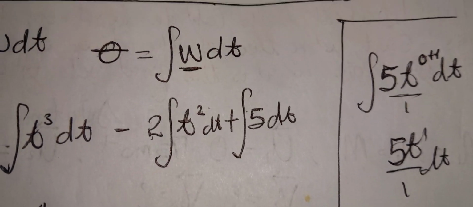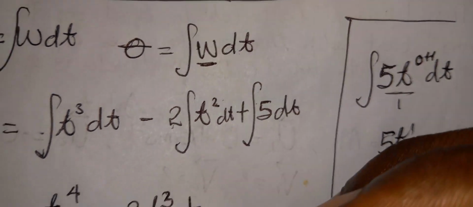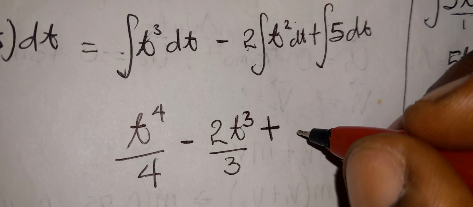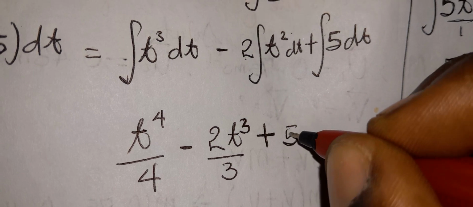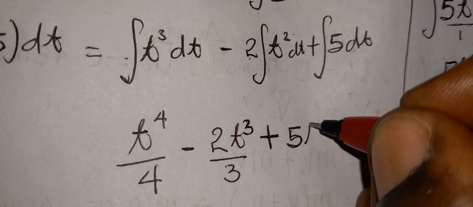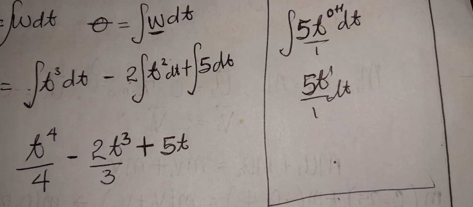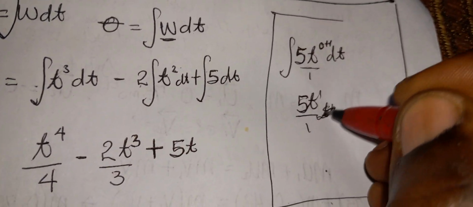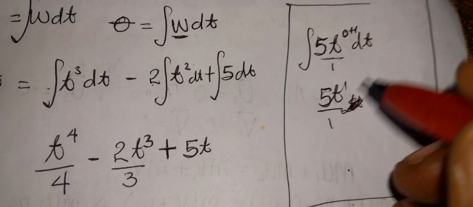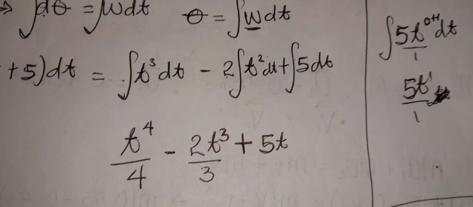So when you're integrating a constant with respect to something, it will just be that value and then t, like we've just explained here. Because it is 5t to the power of 1 over 1, and anything over 1 is the same thing.